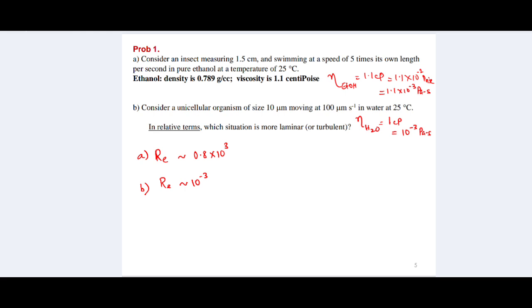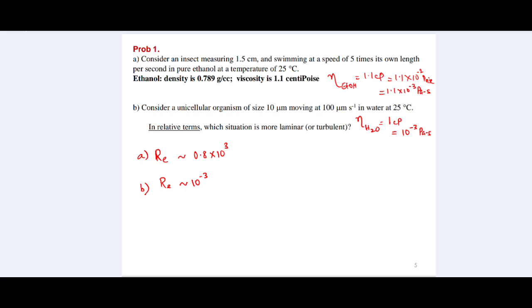Okay, instead of water, I'm giving it ethanol at 25 degrees. I've given you the ethanol density in CGS units, 0.789 gram per cc, 789 kg per meter cube, right? And I have given you the viscosity as 1.1 centipoise.